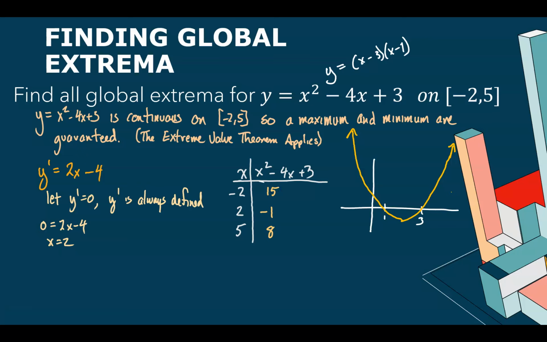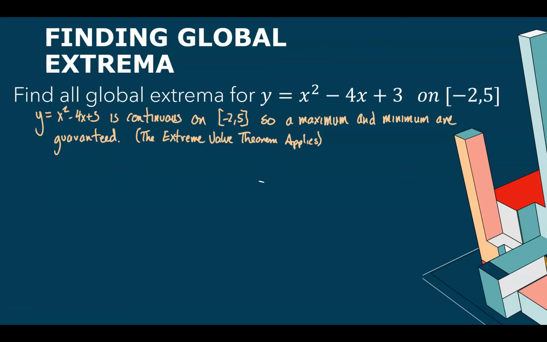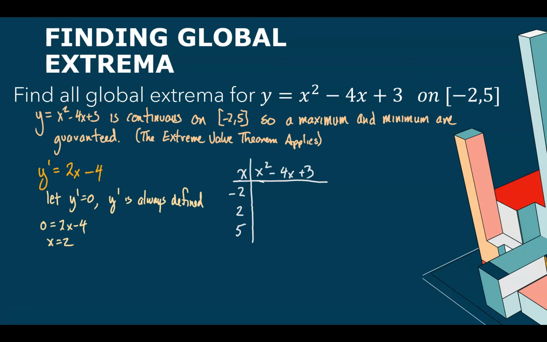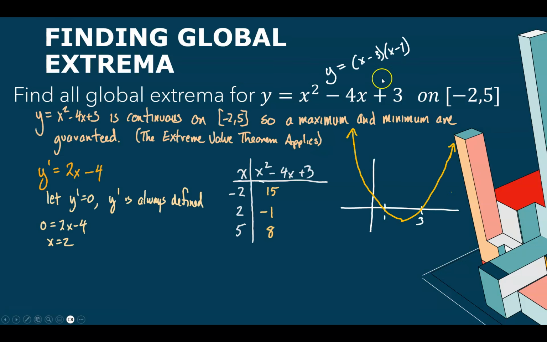Now, what about the intuition? Because back here I said, if you use your intuition, prior knowledge, you should have been able to factor x squared minus 4x plus 3 to be x minus 3 and x minus 1 as those factors. So that's a parabola opening upwards, zeros at 1 and 3, has its minimum at x equals 2. And so, I don't know, we kind of should have been able to guess.